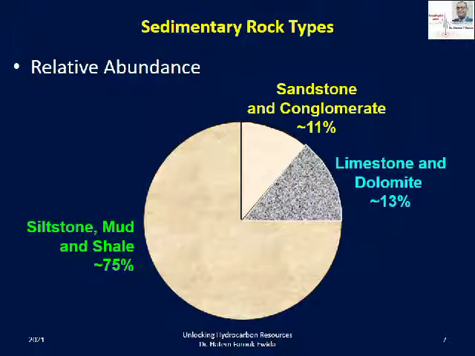And finally the carbonate rocks, which are either limestone or dolomite, and they represent about 13%. So these types of sedimentary rocks are sandstone, the most famous, conglomerate, siltstone, mud and shale, and limestone and dolomite.